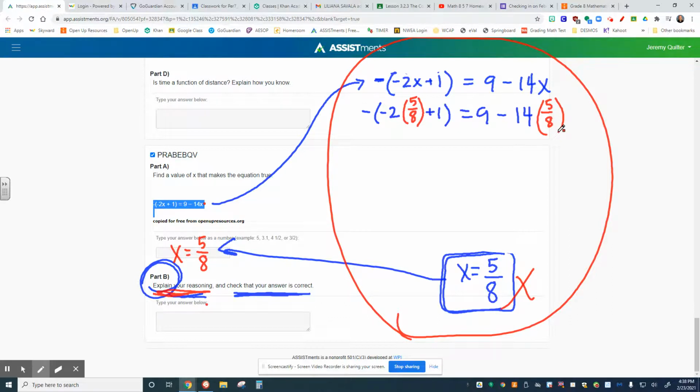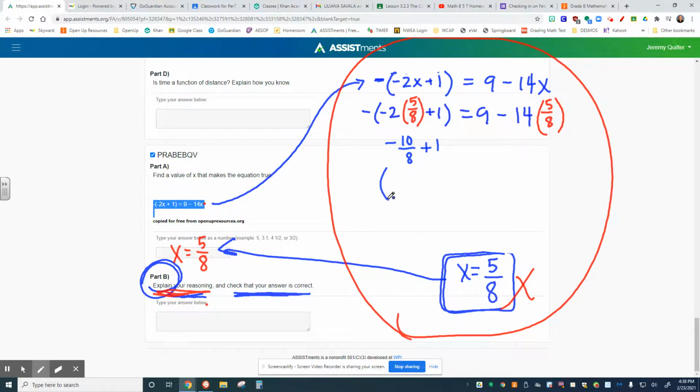So starting within the parentheses first, following the order of operations, I'm going to take my value and do -2 times 5/8, which gives me -10/8 plus 1, which would be more eighths.